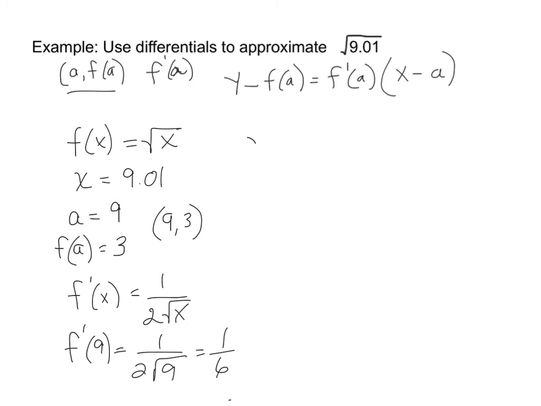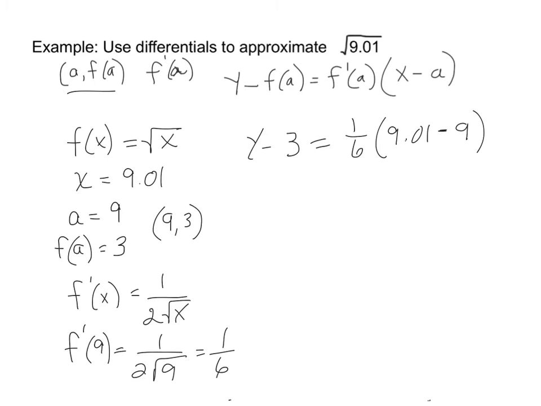So let's write it out. So I've got y minus f of A, which is 3, equals f prime of A, which is 1/6, times x, which is 9.01, that 9 plus a little bit, minus the 9 that we're using to approximate it.